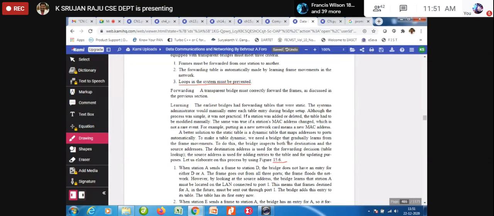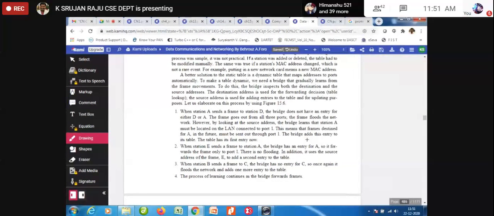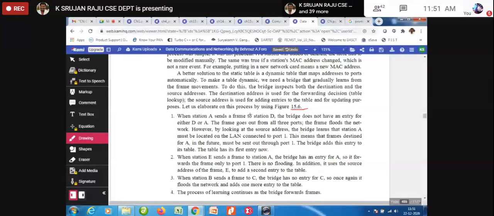Is it visible, or shall I increase the size a little? Now you can have a look at it. When station A sends a frame to station D, the bridge does not have an entry for either D or A in the first one. Then the frame goes out from all three ports, and the frame floods the network.